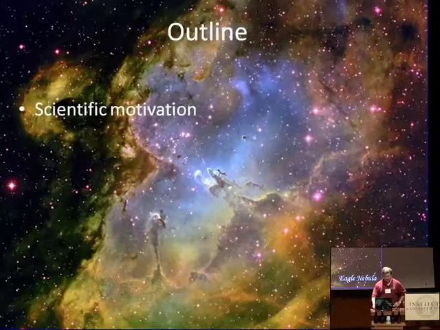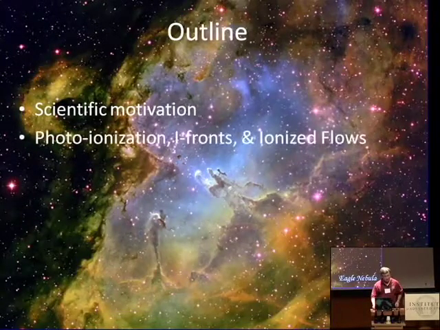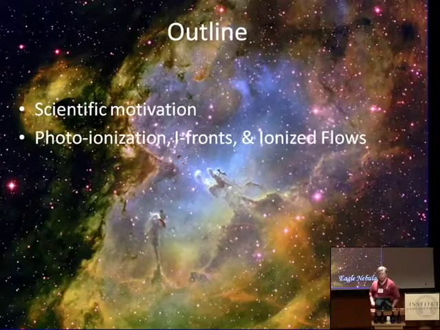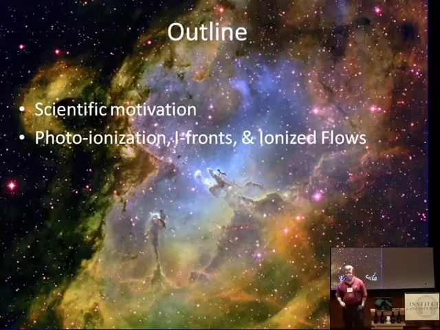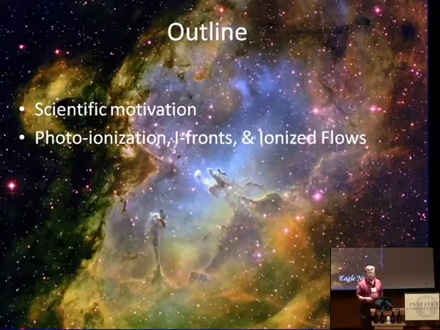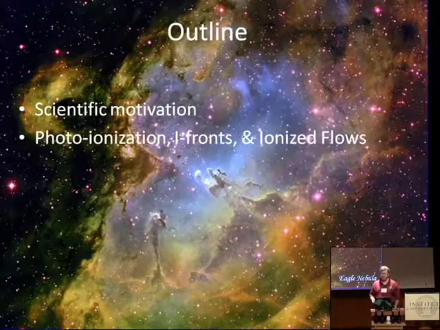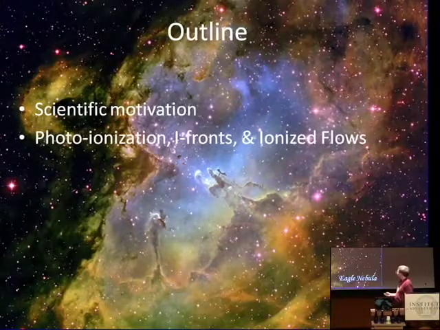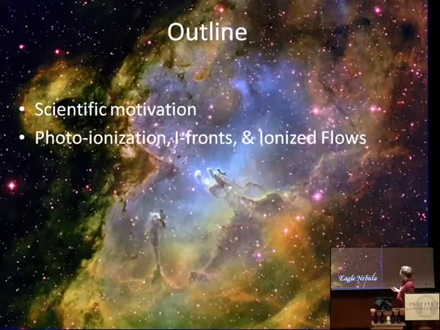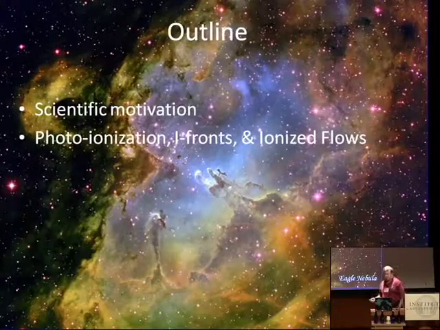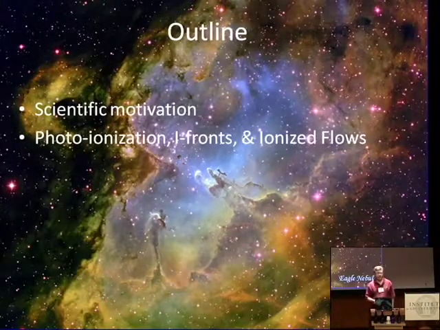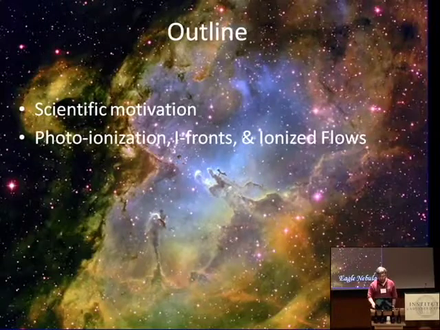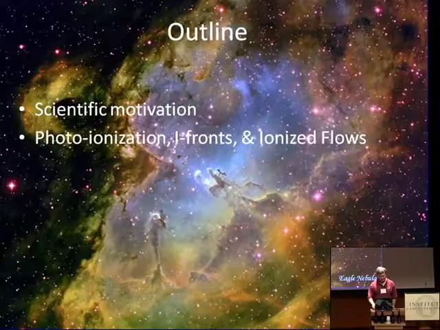So here's an outline of my talk. First, I'm going to give the scientific motivation, and then I'm going to spend probably half of this lecture on the basics. I won't even be talking about ENZO at this point. I just want to talk about the basics of photoionization, ionization fronts, and ionized flows, which exhibit some pretty interesting and complicated phenomena.